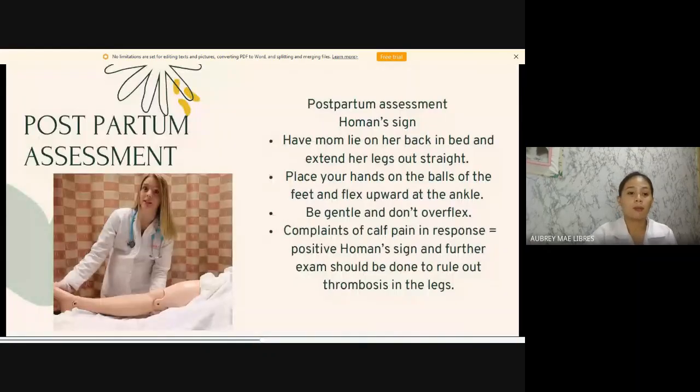And also in postpartum assessment, in assessing Homans sign, assess for signs of DVT. A positive Homans sign is indicative of DVT, although it's not the most reliable indicator.